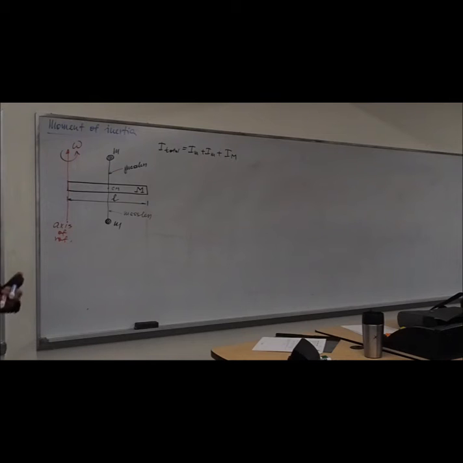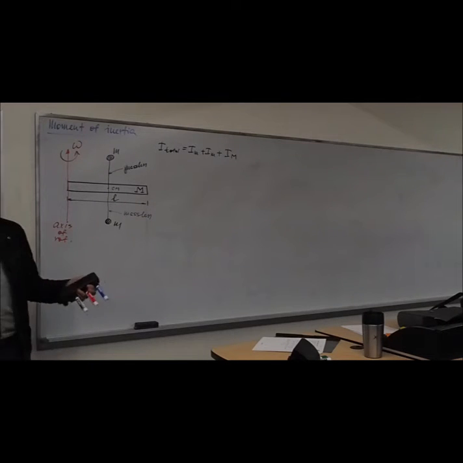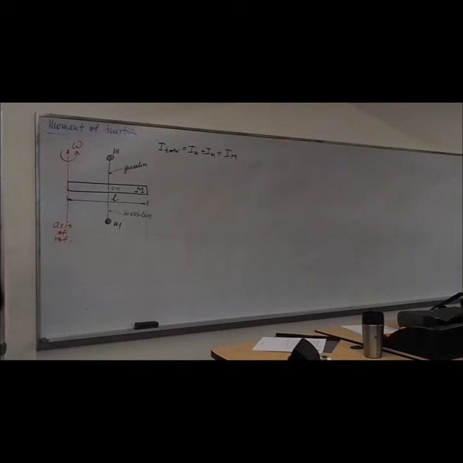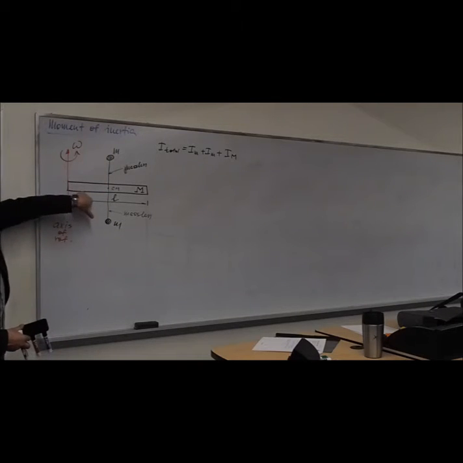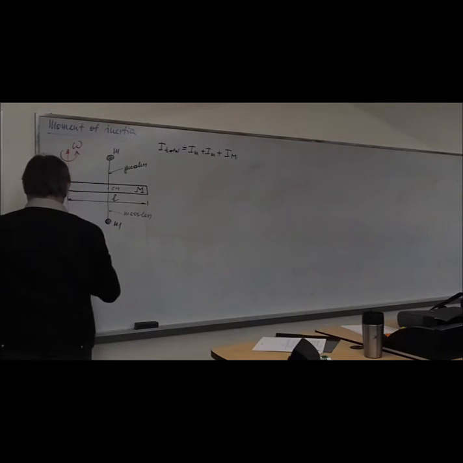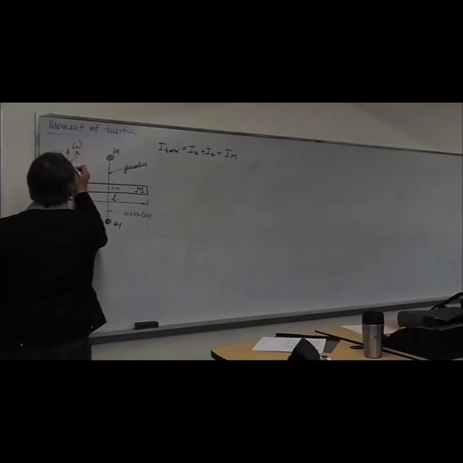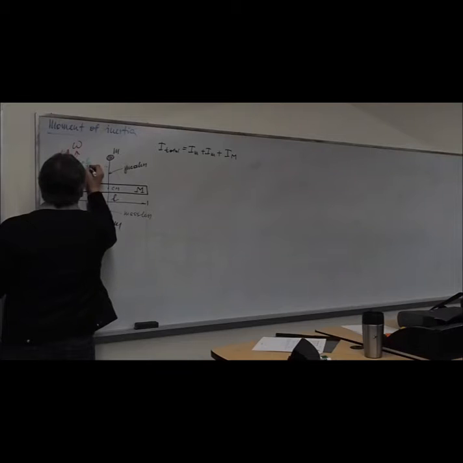It's strictly speaking m r squared. What is r in this case? R is the distance from the axis of rotation to where the point is. And the point is at this distance, which is L over 2. You see, this is L over 2. So let me use different colors so that it's part of this picture. So R equals L over 2.